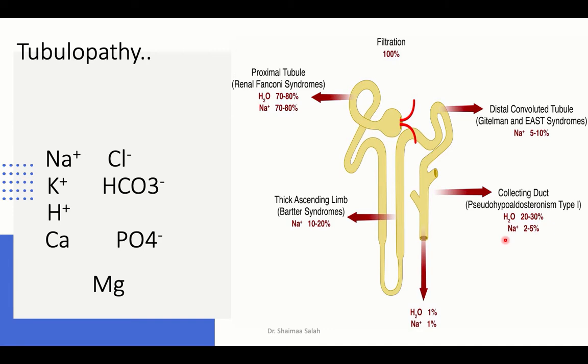reabsorbed. We have the main cations in the form of sodium, potassium, and hydrogen, while the main anions are in the form of chloride and bicarb. We calculate what's called the anion gap by subtracting the sum of anions, chloride and bicarb, from the sum of cations, which are sodium and potassium.